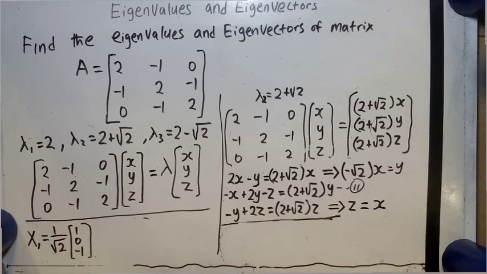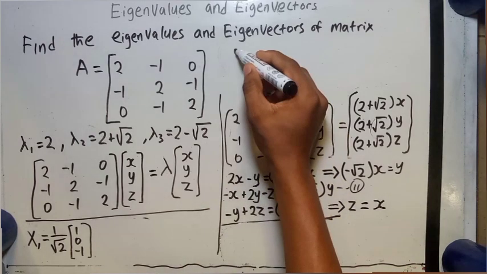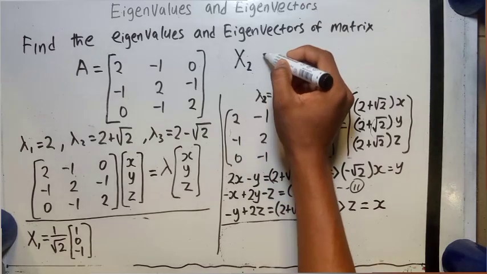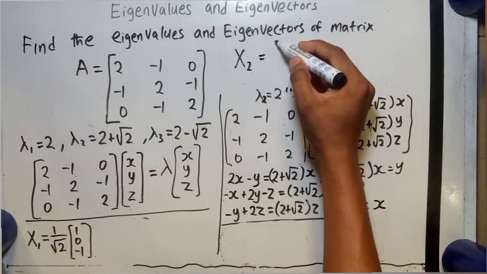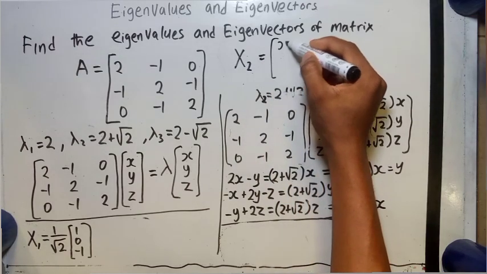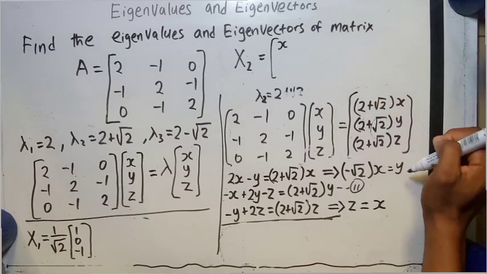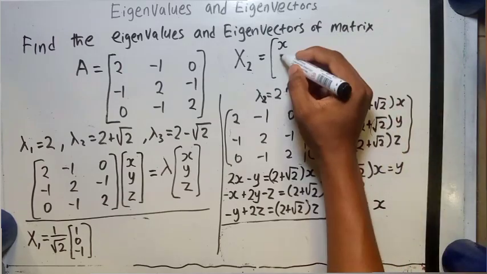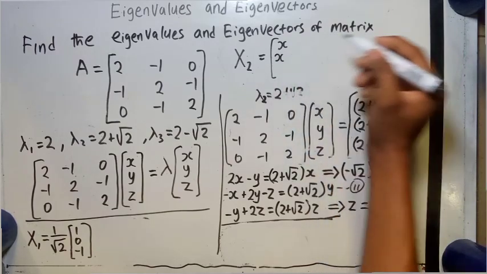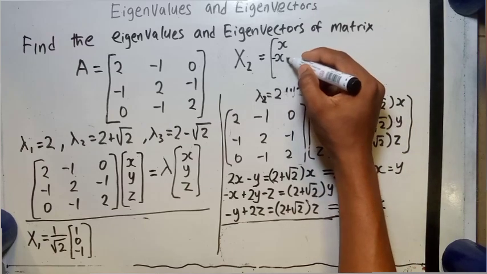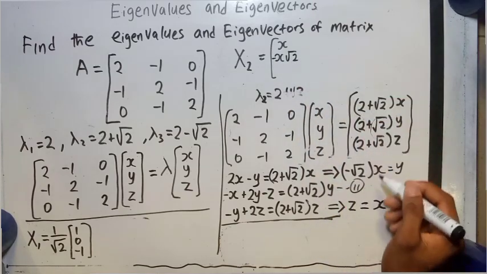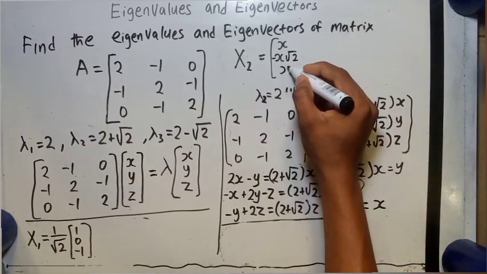So we have that our x2 is equal to x, our y being what? X minus x root 2, and our z being what?